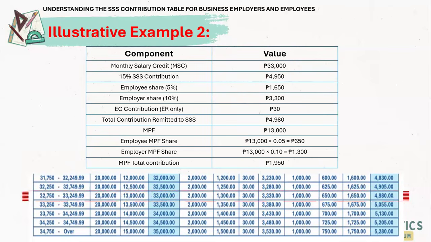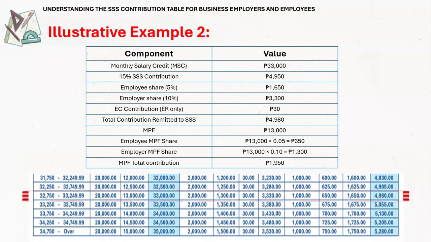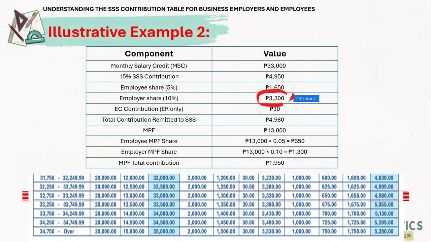But how is the split? So that's 3,300 for the employer share, and for your share, that will be deducted in your salary, which is 1,650. And this is how your MPF share is split.